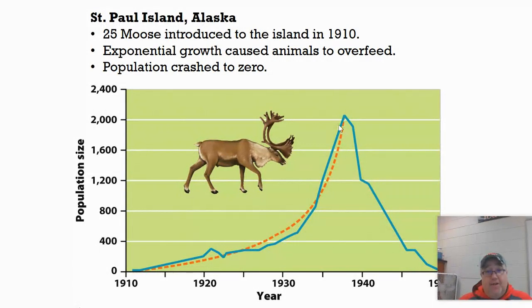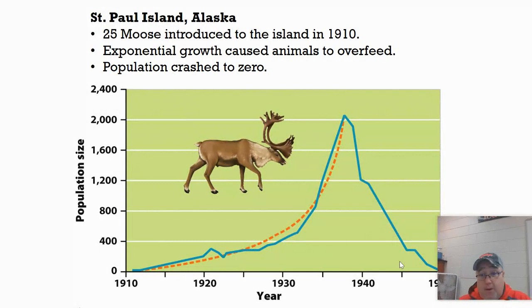But eventually you'll notice that the population crashed. Now, the reason why that happened wasn't because there was predators. It was because they ran out of food. These moose just overpopulated and they ate all their food, and then the population completely died off. So what happened was they overshot their carrying capacity, and then they crashed, and they crashed to the point literally of extinction on that island.